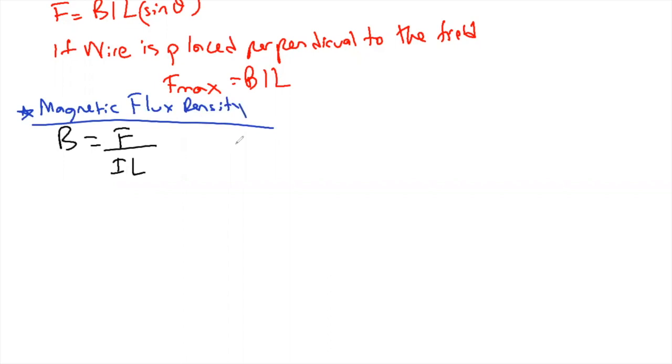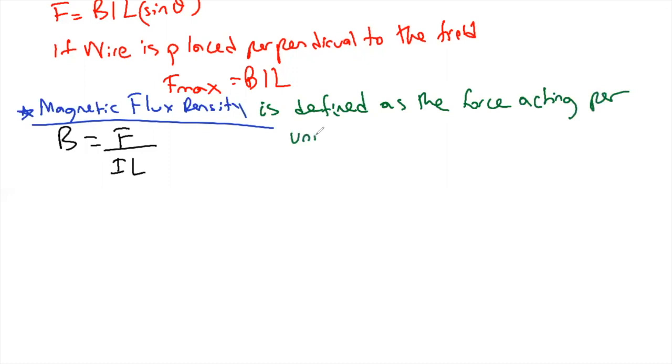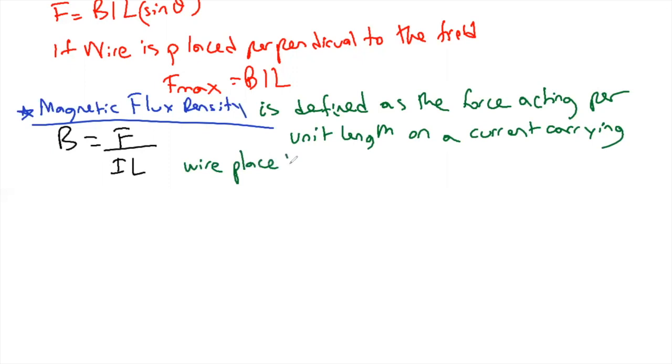So magnetic flux density is defined as the force acting per unit length on a current carrying wire placed perpendicular to the magnetic field, right?